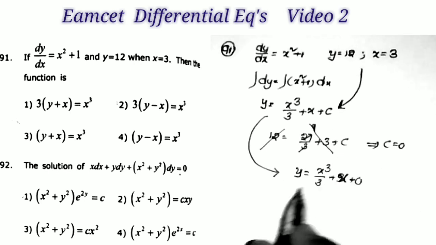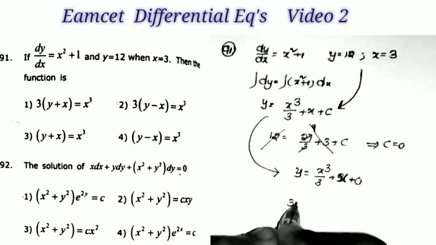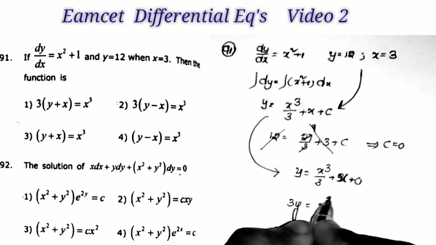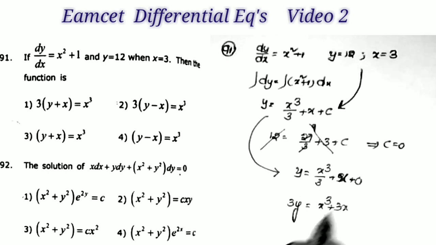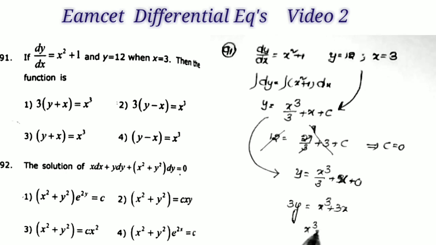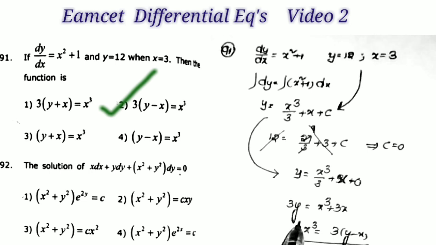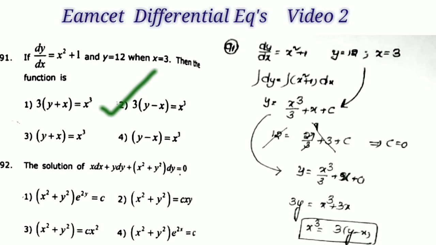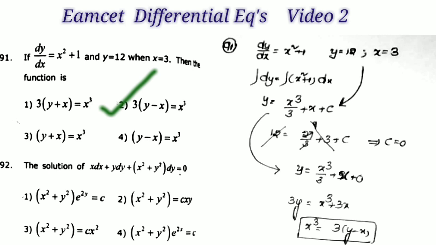Now taking the cross product, 3y is equal to x cube plus 3x. Therefore the answer is x cube is equal to 3 into y minus 6. That's all. This is the answer, and it is the second option.